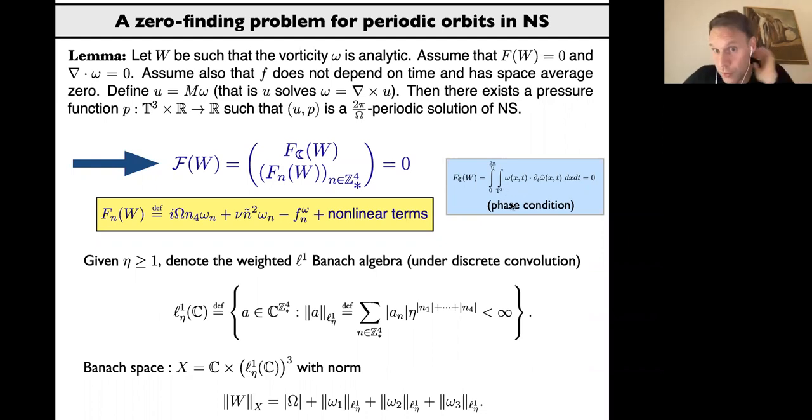Yes, we could numerically solve Navier-Stokes without transforming it into the vorticity equation. The reason why we did this is that our formulation relies on computing a good approximate inverse of the derivative, okay?